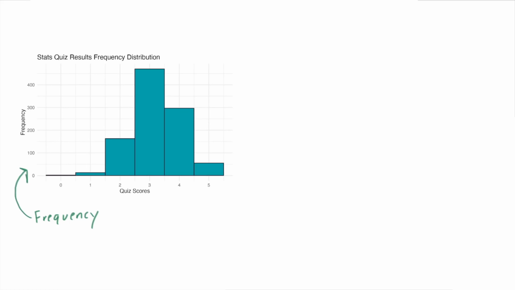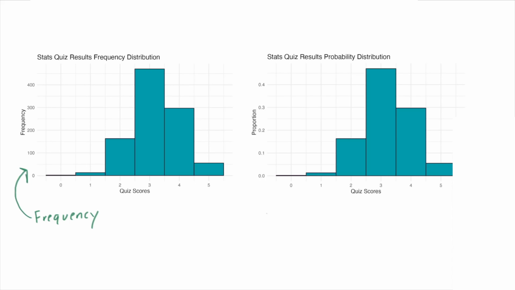In practice, the number might not be as nice though, and the frequency of 297 might be a lot less insightful than just seeing 29.7%. So we can create a plot for a discrete probability distribution by just changing the y-axis from frequency to probability. Hopefully that starts to give a flavor for what we mean when we say a discrete probability distribution. We're using discrete variables and discussing how the probabilities are distributed across each result.